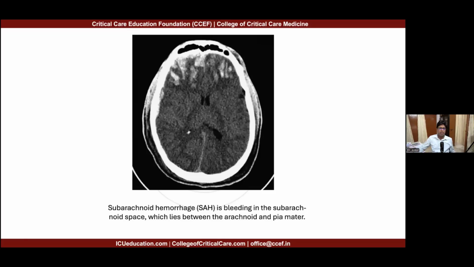So these traumatic SAH are usually peripheral, as you can see there, and they are in the subarachnoid space, like this, and they are more prone to the same complications of SAH like vasospasm and seizures. So keep a close watch.